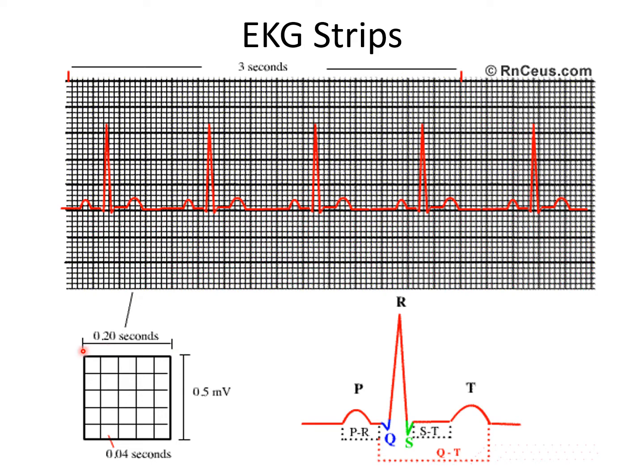Okay, so if this is given by the grid on the paper, and we divide 1, 2, 3, 4, 5 into 0.2 seconds, then we know that each little square represents 0.04 seconds.